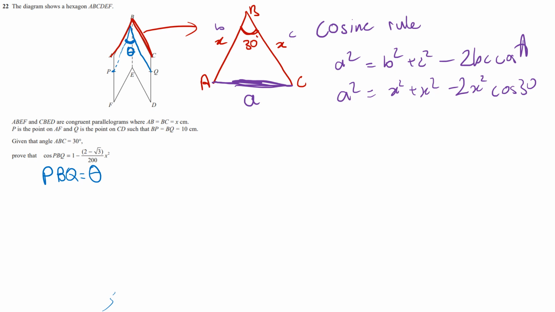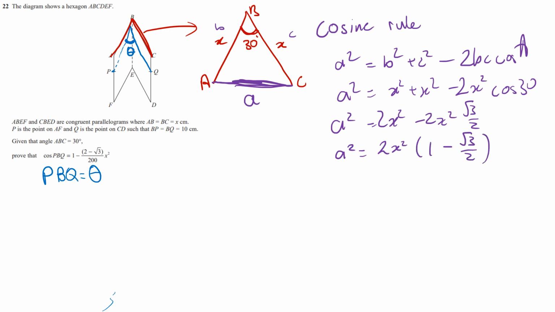So a squared is x squared plus x squared, which is 2x squared, take away 2x squared cos 30, and cos 30 is root 3 over 2. To make my life a little bit easier, I'm going to factorize out 2x squared, and then I'm left with 1 minus root 3 over 2 for my expression for a squared.